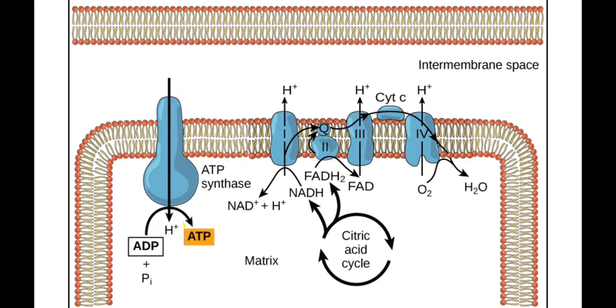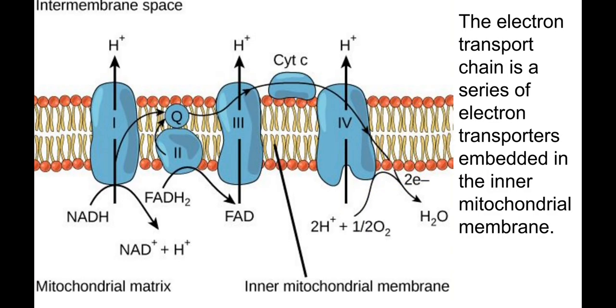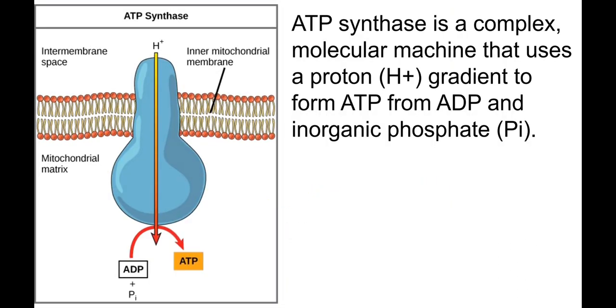Protons go through this, and this energy is used to produce ATP molecules. The citric acid cycle is in the matrix. Here is the electron transport chain. That's how water is produced, carbon dioxide was produced previously, and the electron transport chain produces only water.